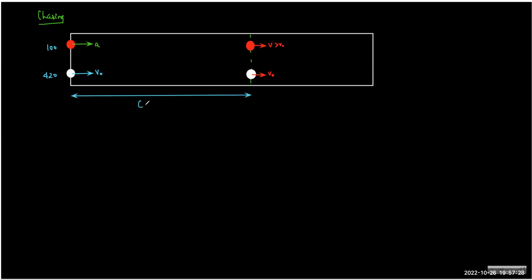This is called chasing distance. So given A of the police car and v0 of the biker, can you find the chasing distance S, or let's call it DCH? It looks nice. So what is the chasing distance, guys?